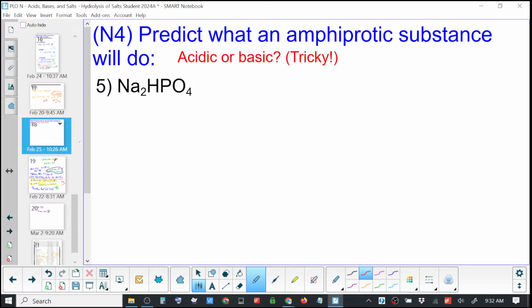Is everybody done this one? It's too hard. It's easy. What's the spectator ion? You only want to look at HPO4, so we have HPO4 2-. What does that do in solution?